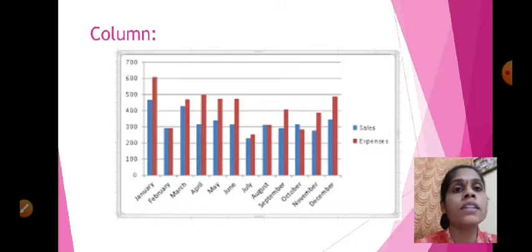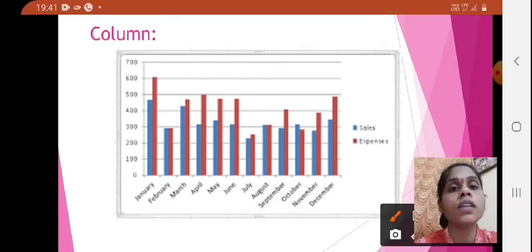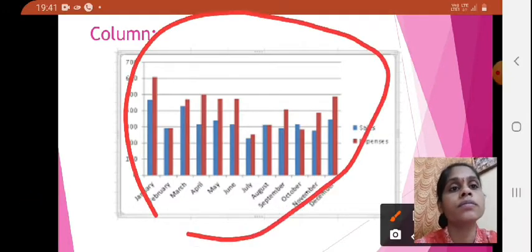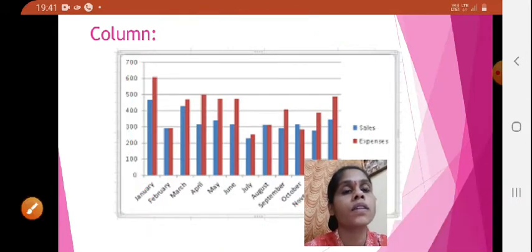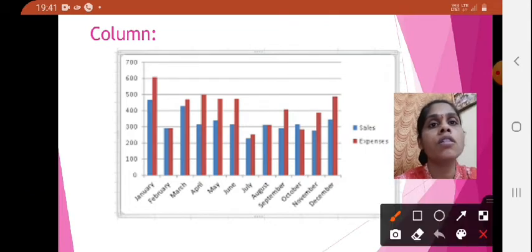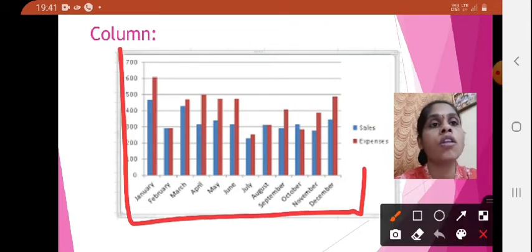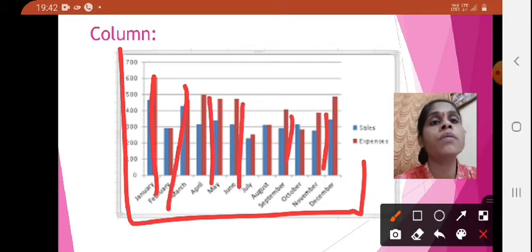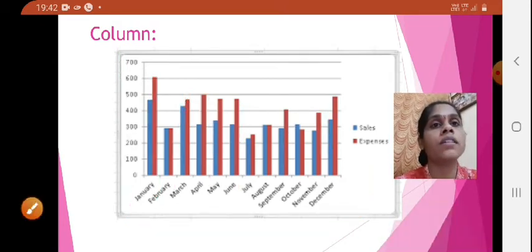It will look like this. I hope you understood. This is your column chart. This is the column pattern. All these things are written in a column. That's why this is your column pattern.